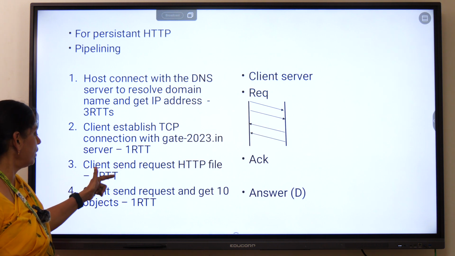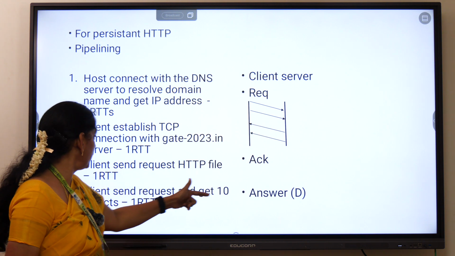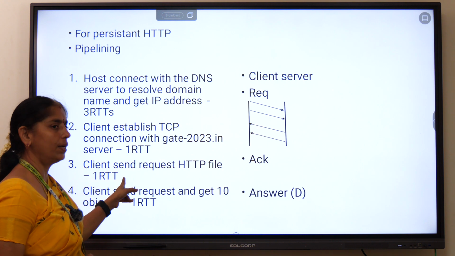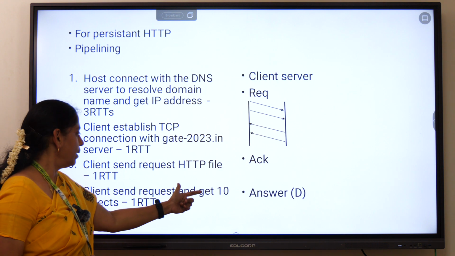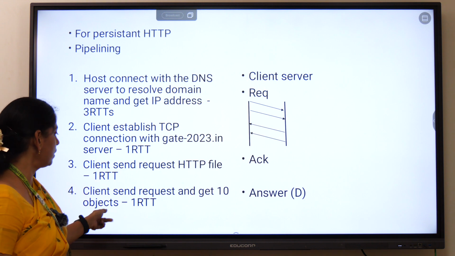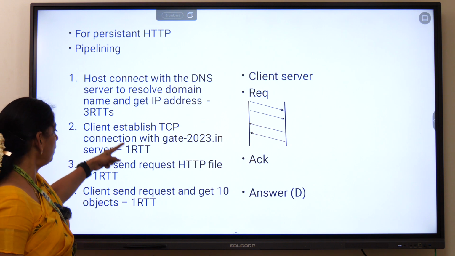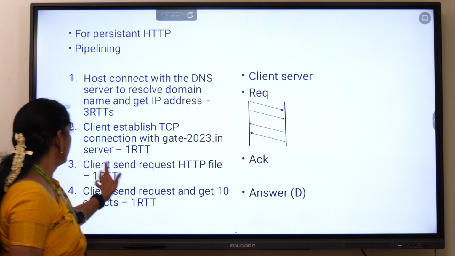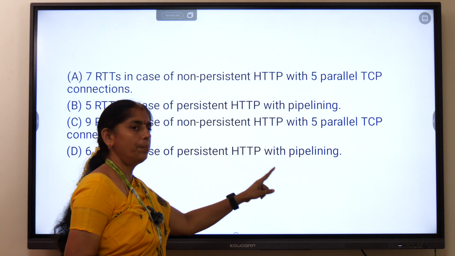Then the client sends a request for the HTML file, which takes 1 RTT. Next, the client sends a request to the server and gets the 10 small objects in 1 RTT. That is 3 plus another 3 RTTs, so totally we get 6 RTTs in case of persistent HTTP with pipelining.